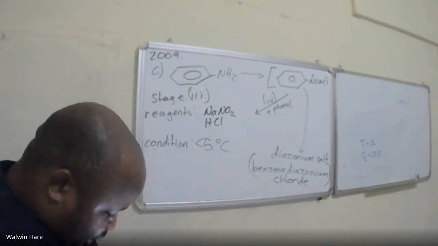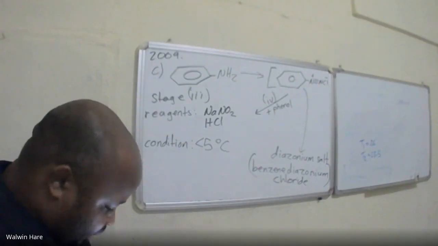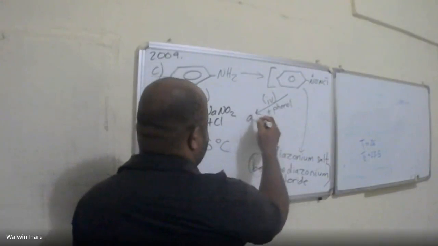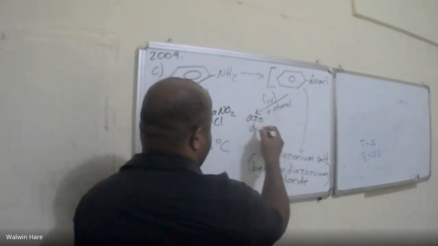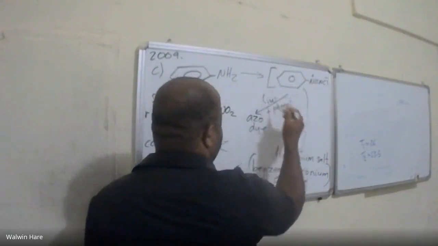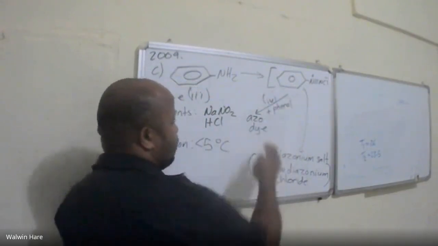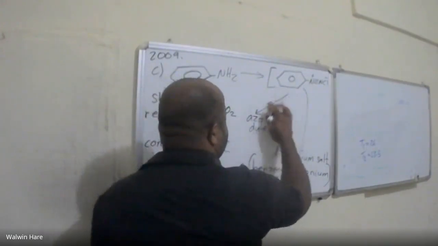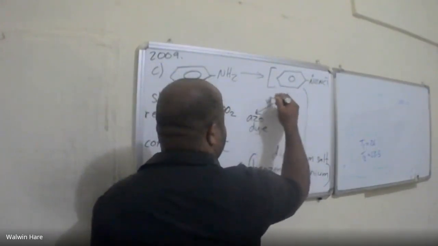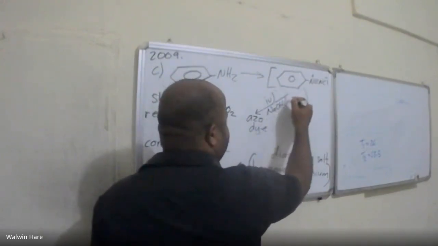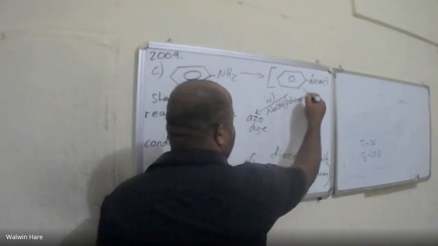Name the reagent used to dissolve phenol in stage 4. All right, so let me put up the azo dye here. So in stage 4, we dissolve the phenol in sodium hydroxide. So it's sodium hydroxide with phenol.